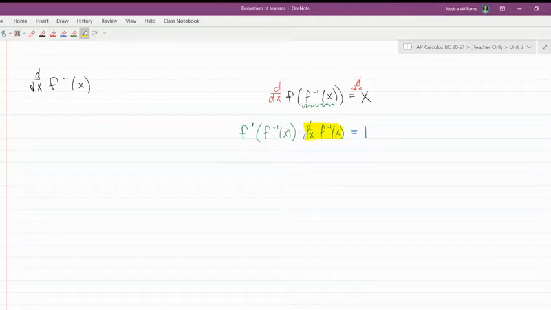And I have an equation, and I took algebra once, so we can manipulate this equation and solve for the thing we're looking for. So here it is, the derivative of f inverse of x equals 1 over f prime of f inverse. I just divided this over to the other side, and the end.